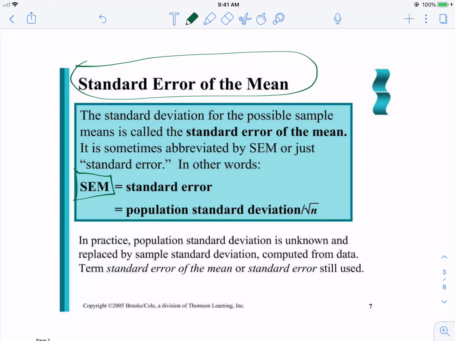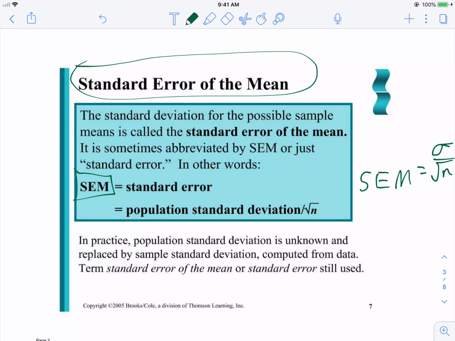So again, this is an equation that you will see on your equation sheet that's linked at the top of the lesson page on Canvas. Standard error, or SEM, is population standard deviation divided by the square root of the sample size.